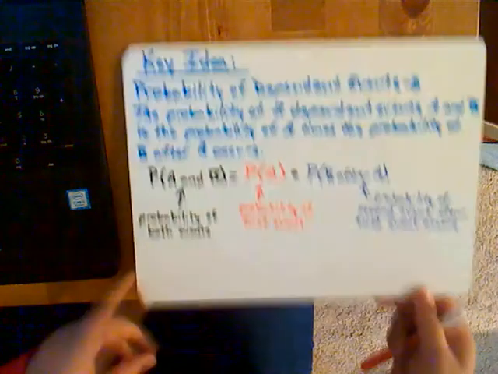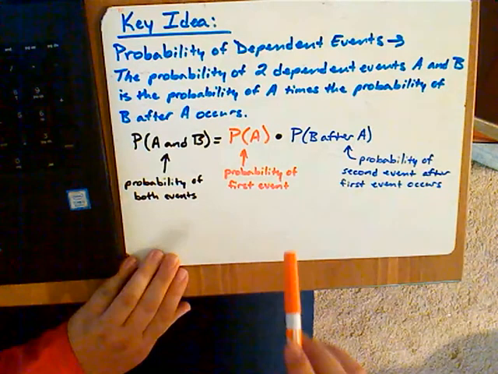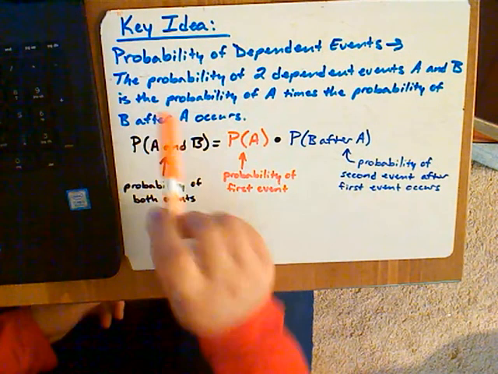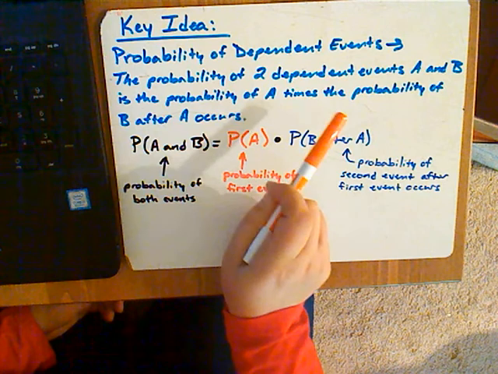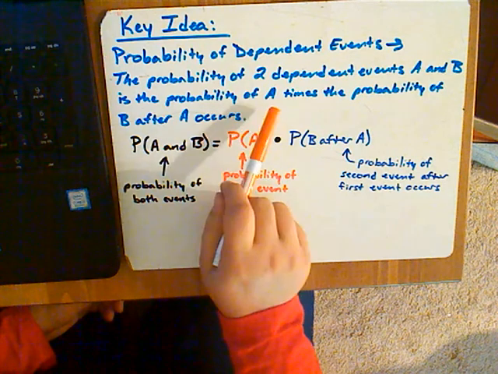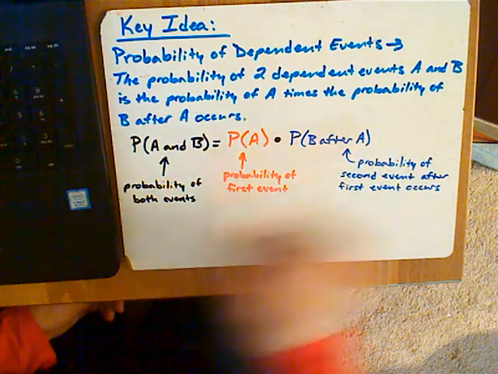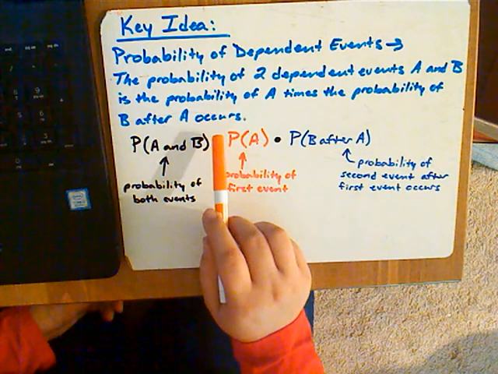So another key idea that we're going to look at is the probability of dependent events. The probability of 2 dependent events, A and B, is the probability of A times the probability of B after A occurs.